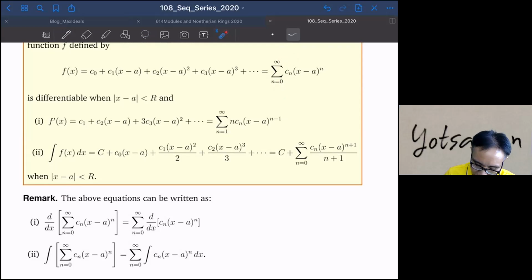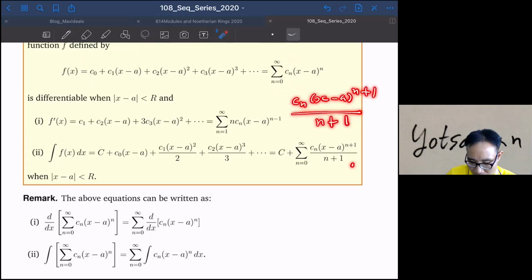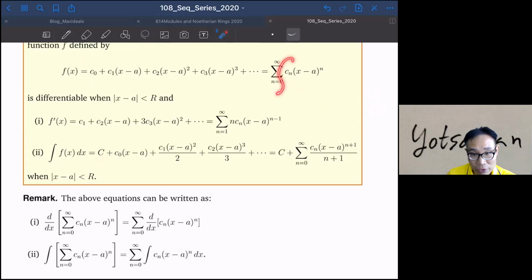When you integrate, it's going to be c n times x minus a to the n plus 1 over n plus 1, and you have to add a plus constant, and this C comes from that constant. You integrate term by term. So this is what we can do also.